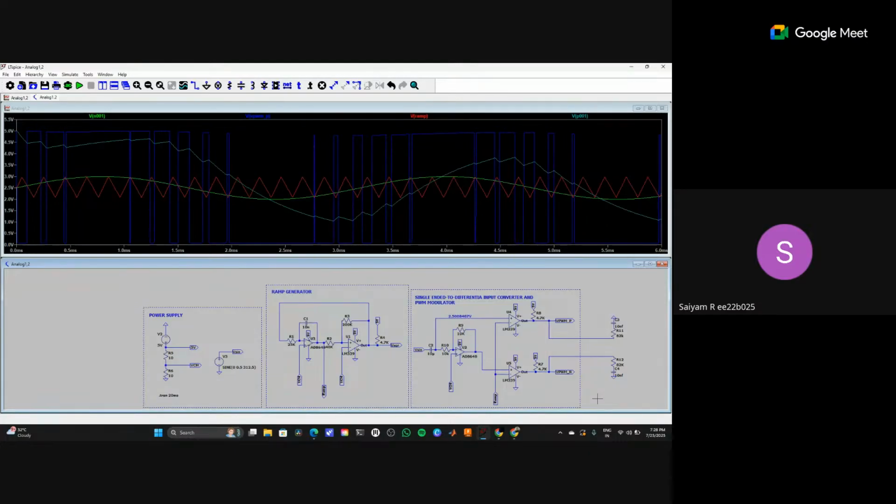So I think your cutoff is 1.2 kilohertz. So whatever you have calculated is correct only. You can try to increase the bandwidth.